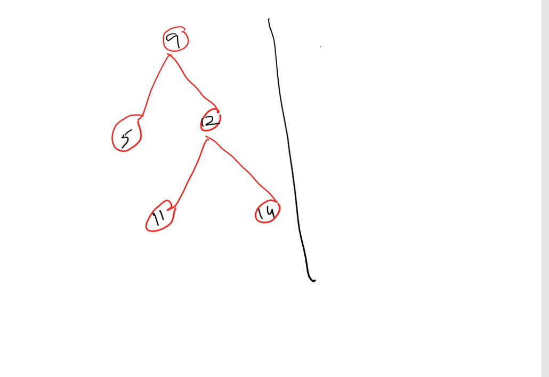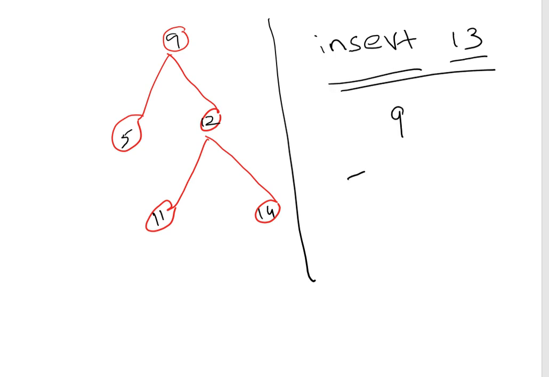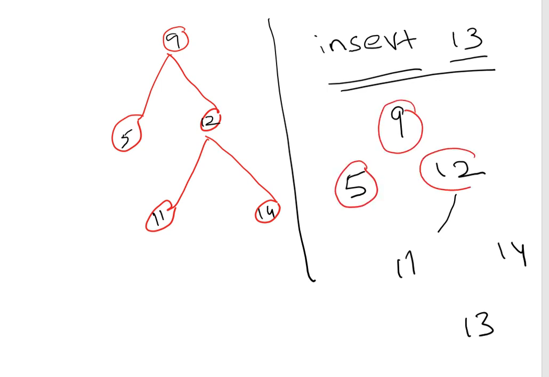If you want to insert 13, what will be done? 9 will remain the same, 5 will remain the same, 12, 11, 14, and 13 I can insert here. Here I can insert the element.